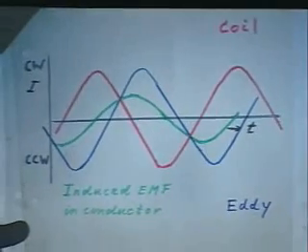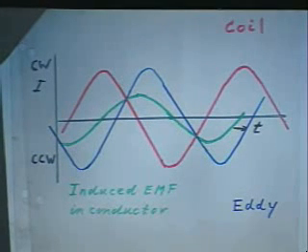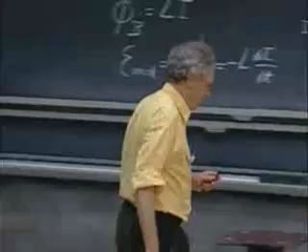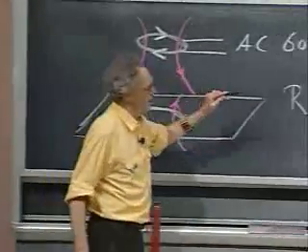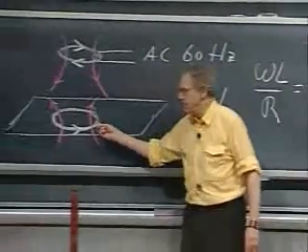But the net result is, here the shift is not 90 degrees, the net result is that you get, on average, a repelling force. And so the secret of the repelling force in the case of the levitation of this coil, and therefore of the levitation of the woman, lies in the fact that there is a finite self-inductance in here.